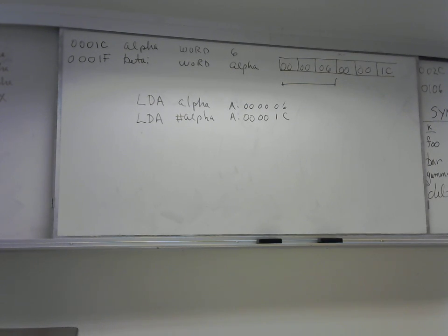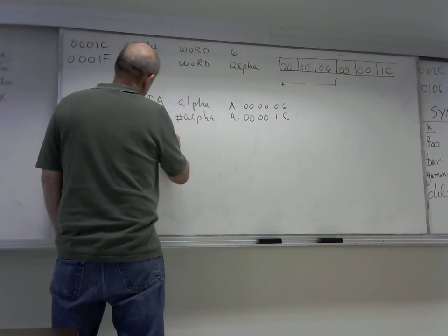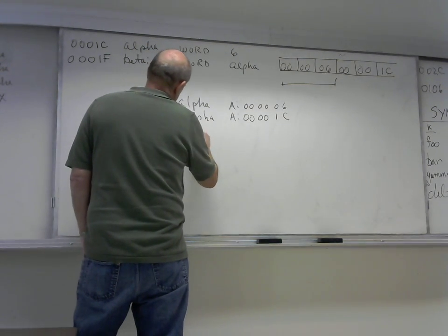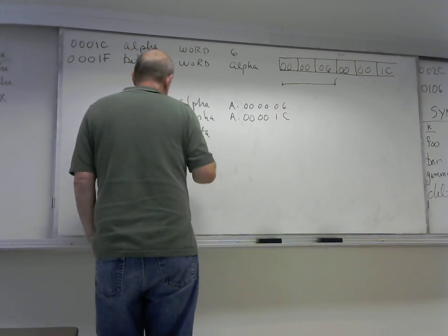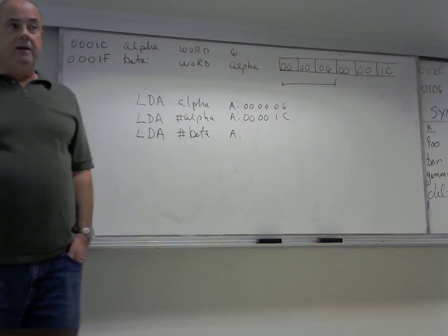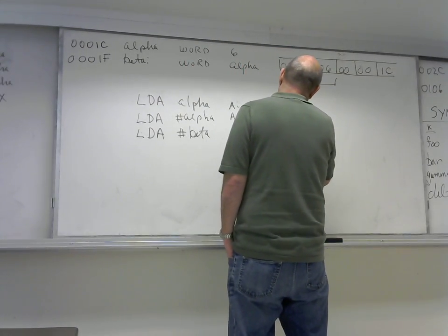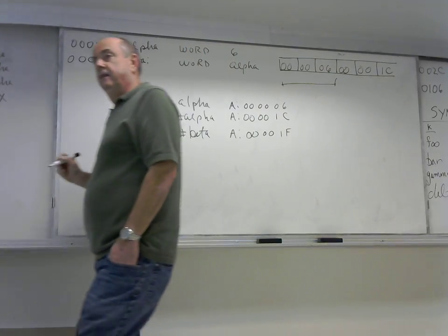So the largest possible address is 20 bits. But words are 24, hence the difference. But it's always a 0 if you have a 6-digit address. Okay. LDA #beta. Same thing, right? Okay.